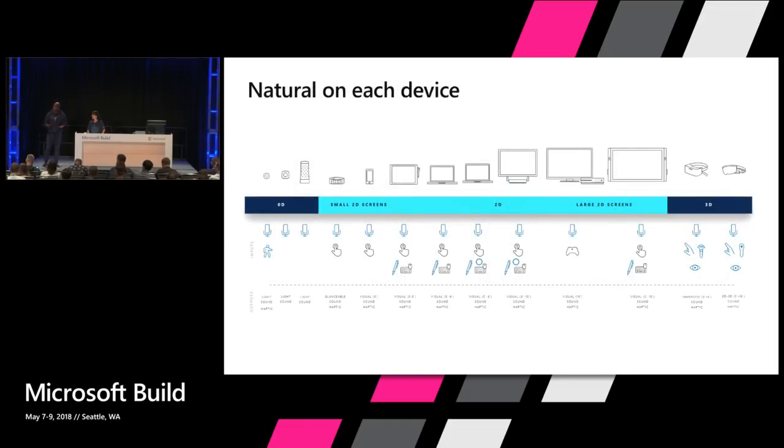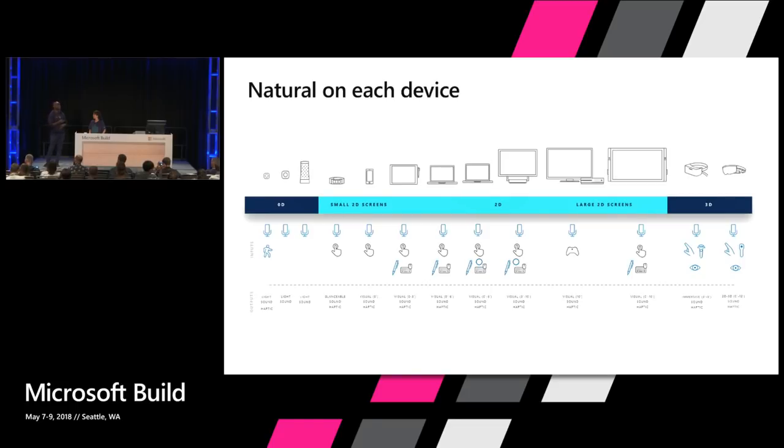So the second principle is being natural on each device, empowering you to create experiences that go from screens that you fit in your pocket to screens that are large and are mounted on walls, to screens that are on your lap, to screens on your desk, screens you mount on your head, to devices with no screen at all. How do you create cohesion across the system of devices?